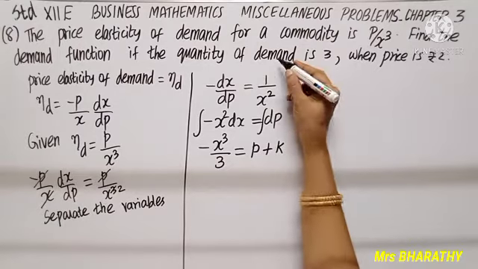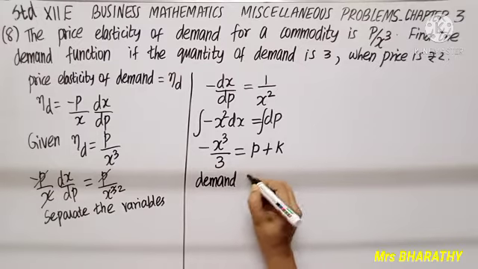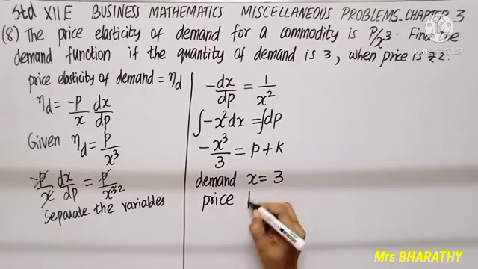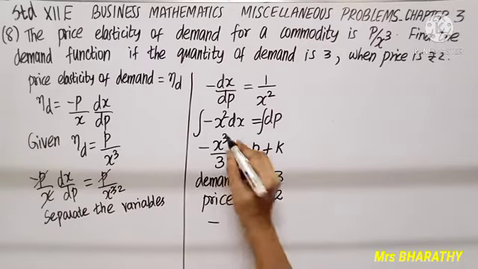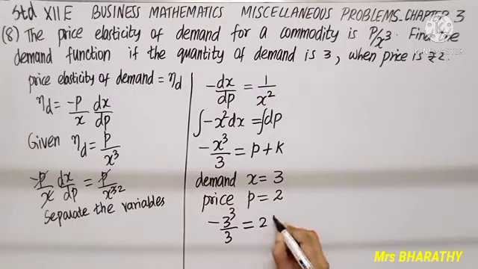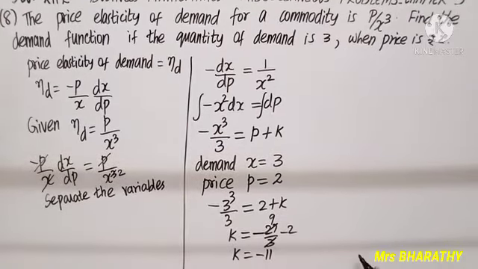Given the demand is 3, we call x to be the demand, that is 3. And the price we call small p, that is 2. As I substitute, 3 cube by 3 equals 2 plus k, or k equals minus 27 by 3 minus 2. As I simplify, k is minus 11.